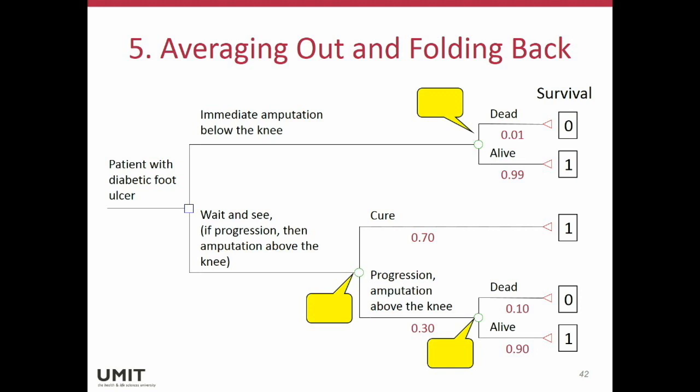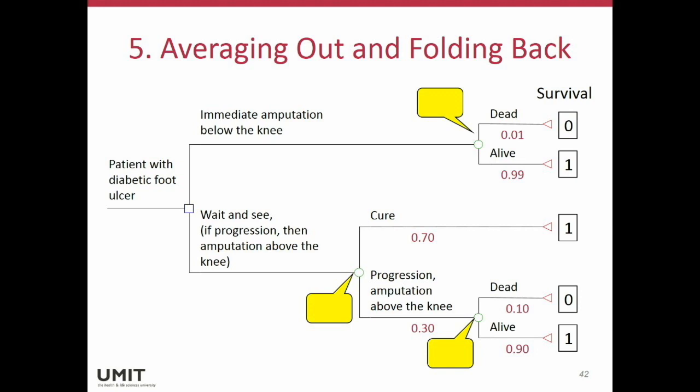It's an average of the ones being alive and the zeros being dead, weighted with these probabilities. So I say that in a very explicit way, and then we simplify it. So what's my life expectancy at that point, immediate amputation below the knee, at the chance node, before I know that I'm dead or survived? What's the probability of surviving, because survival is my endpoint? 99%. So how I calculate that, how the computer calculates that, is that I take a 1% weight for the zeros.